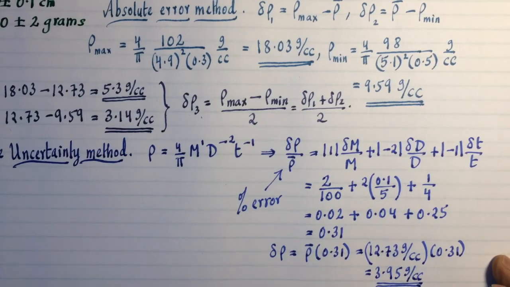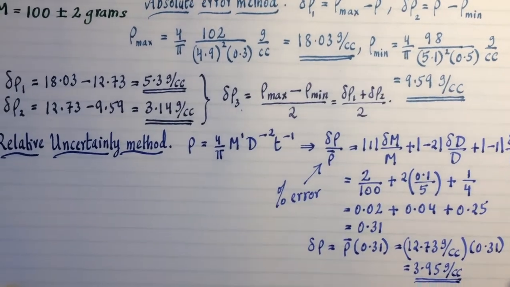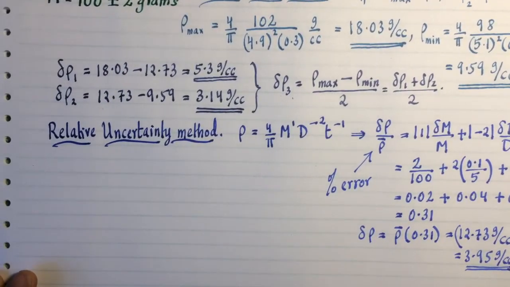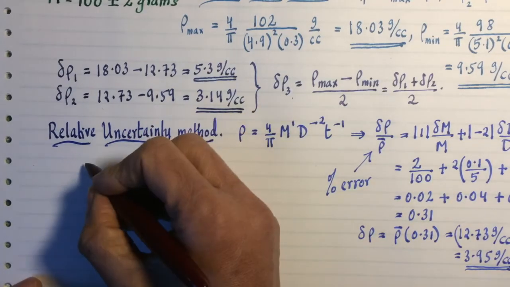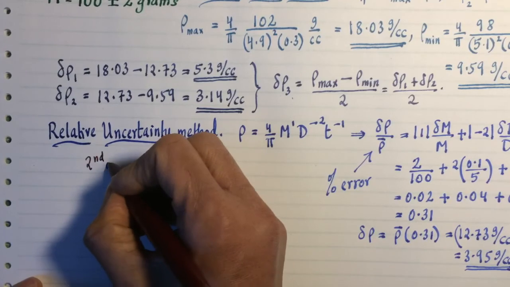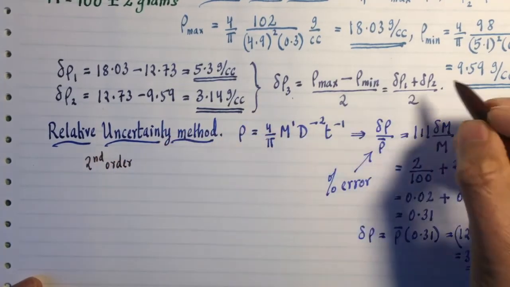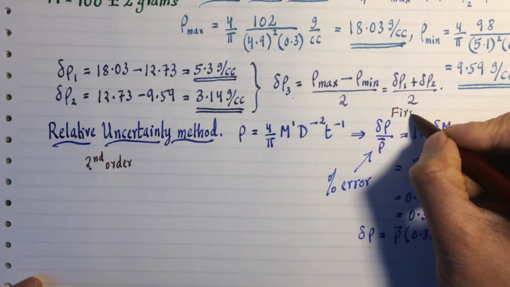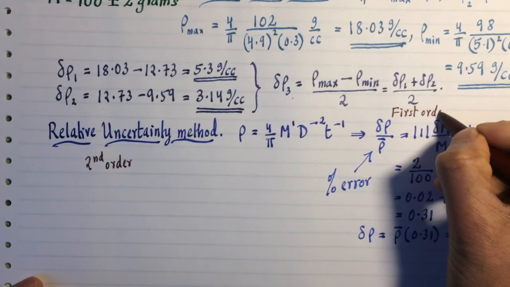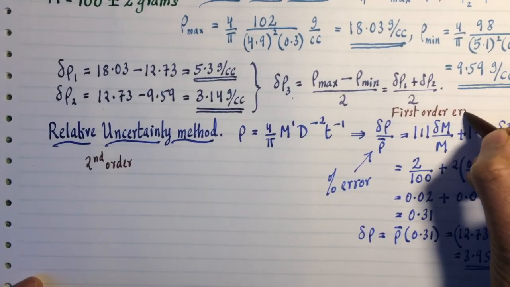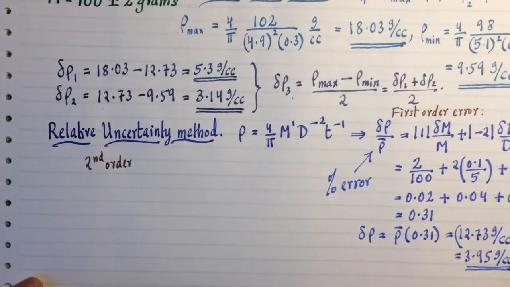The absolute gold standard, if you wish, for error analysis is what's called the second order error. This is sometimes called the first order error. The first order error is always bigger than the second order error.